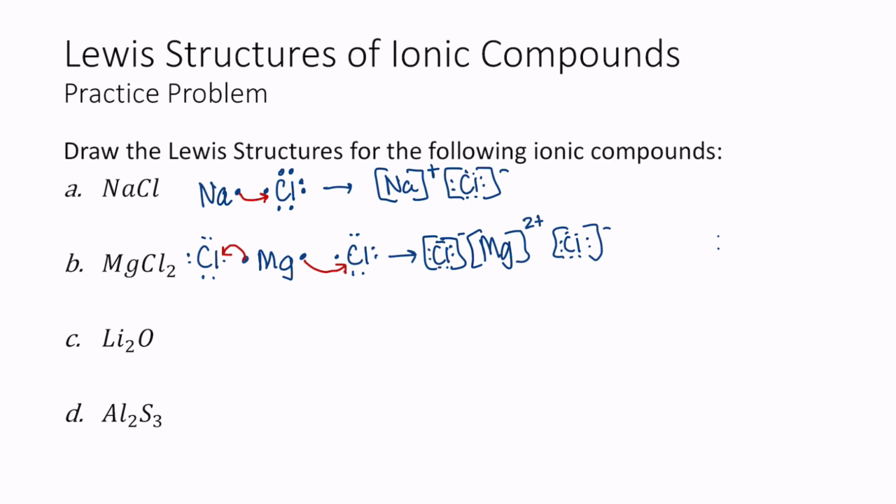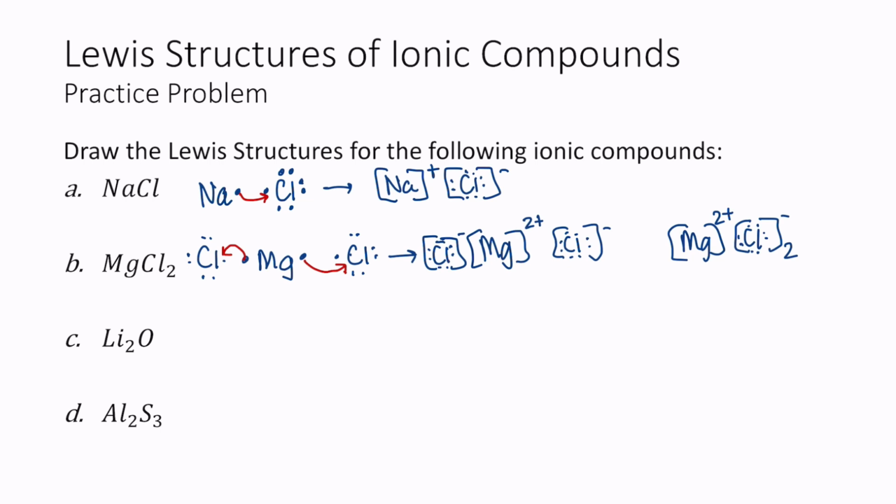Now, it makes no difference to me if you draw it as I drew it like this, or if you just want to draw your magnesium, and then you can draw your chloride with all of the electrons, and we're going to have 2 of those. Sometimes you might see the 2 written out in front. Either is fine with me for this class.